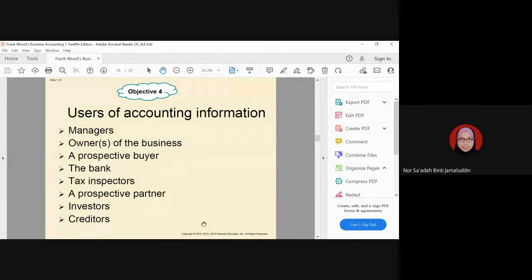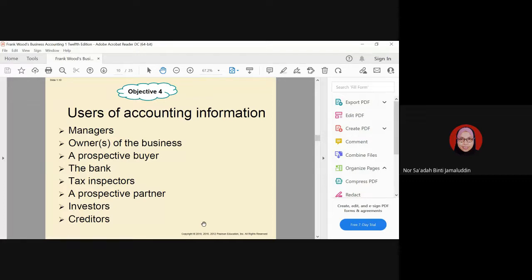As prospective buyers, of course, we use the accounting information to know how successful the company manages their business, or how much their assets are, how much their loans are and so on. All this information, known as accounting information, can help you decide whether to buy the organization or business or not.